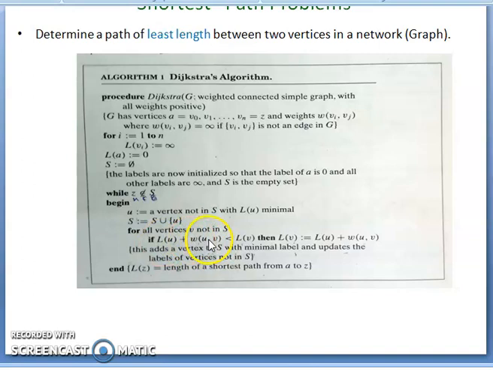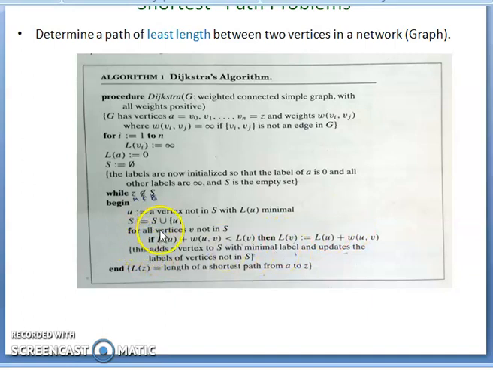So 0 plus 4 is 4. 4 is less than the length of V, which is infinity. Then length of V equals length of U, 0, plus weight, 0 plus 4. So the length of B is 4.